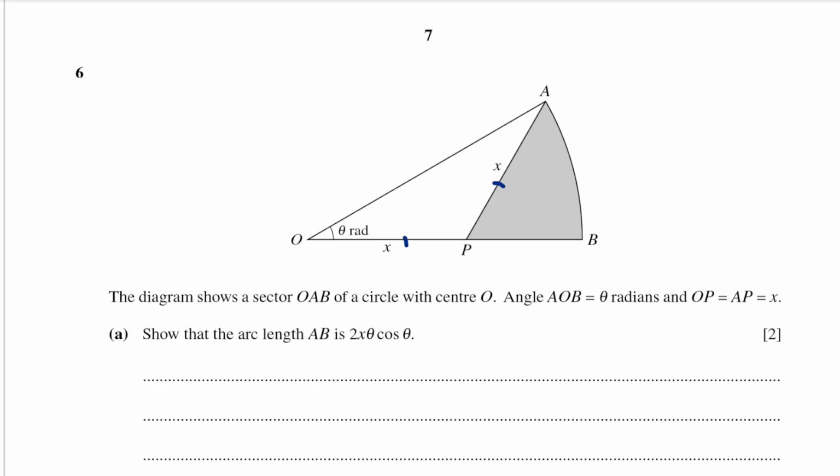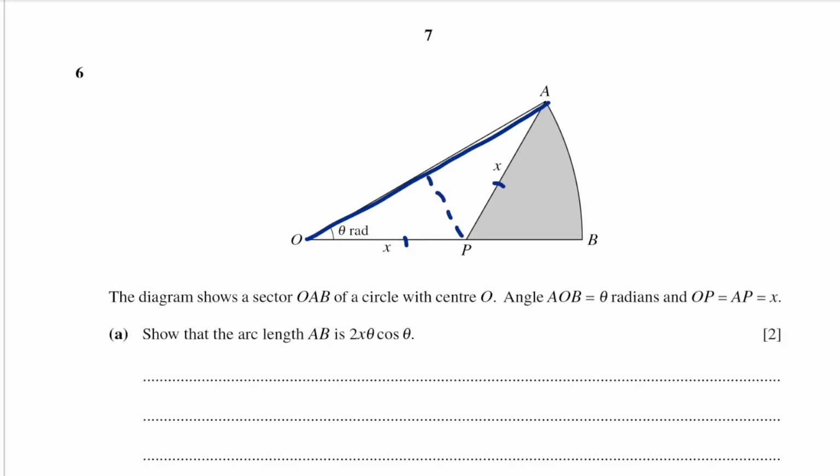Now, we want to find OA, because using the radius we can get the arc length, because the arc length is just theta times the radius. So how do we find OA? Well, we can find half of OA by splitting this isosceles triangle into two right angle triangles.